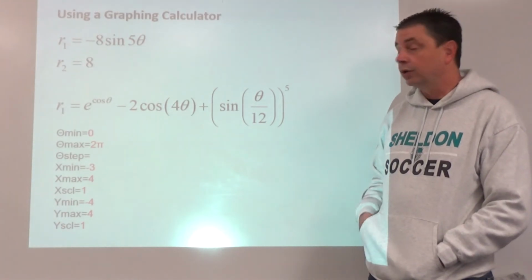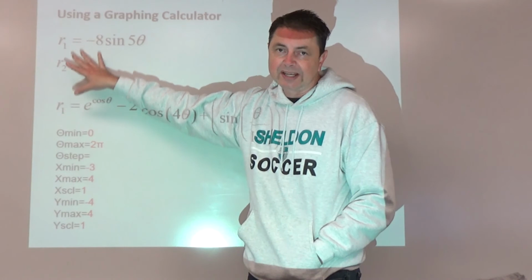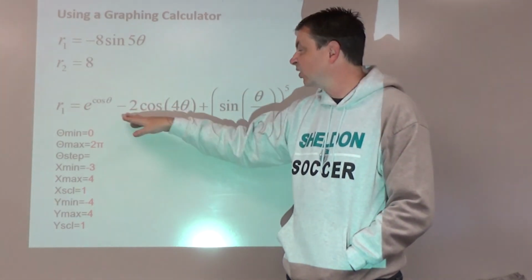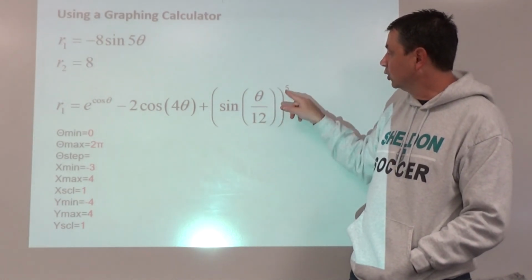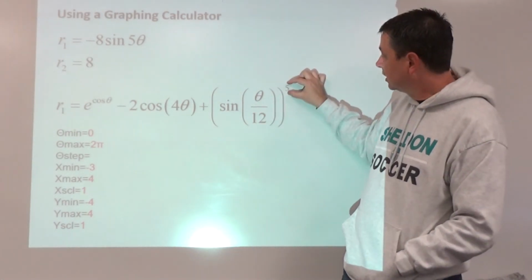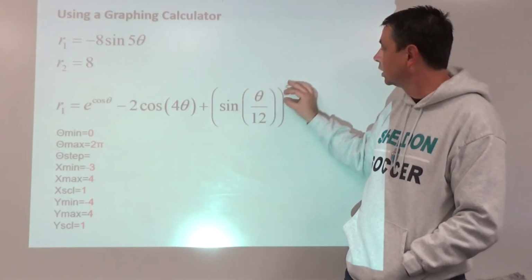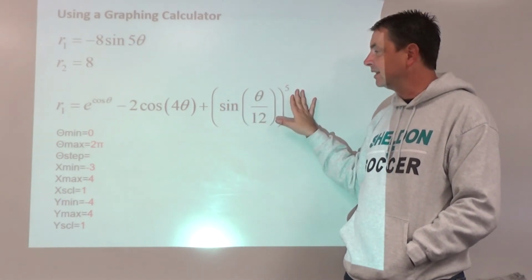The next one we're going to look at, we'll erase those and input an r1. It's pretty complicated, so pause here, write this down, and be ready to input it. Normally the sine to the 5th, with theta, would go here, but for our calculator it's probably best to write it like this.